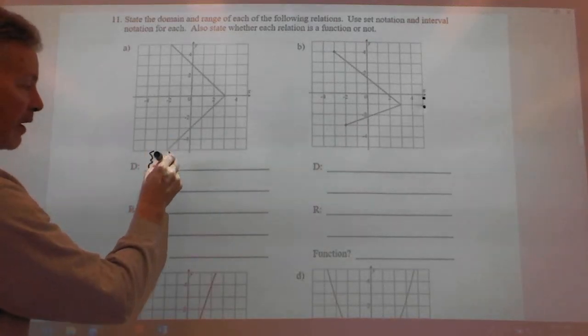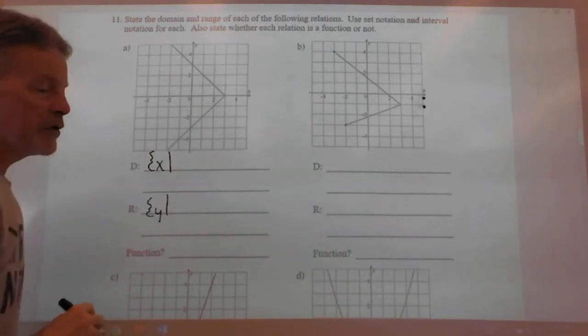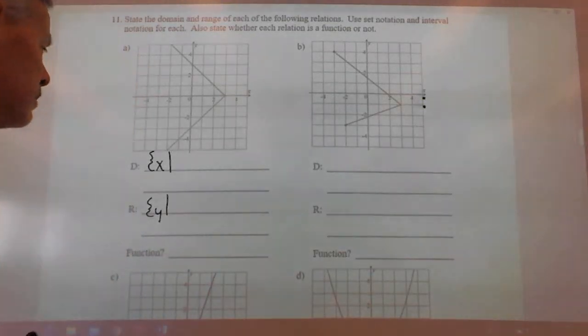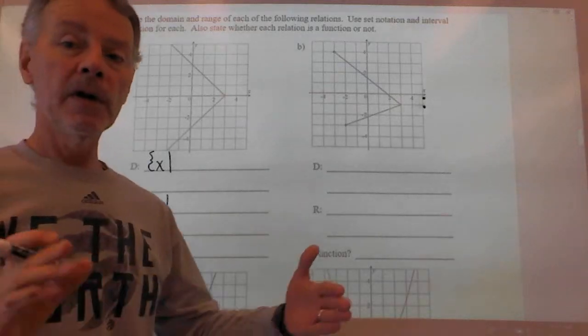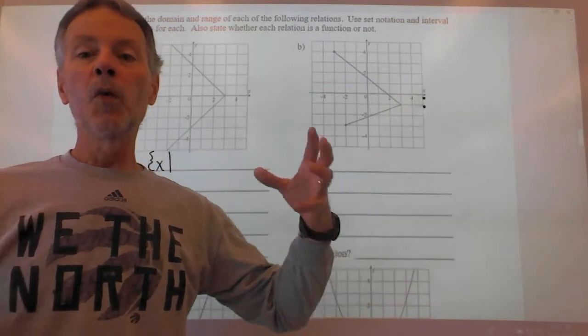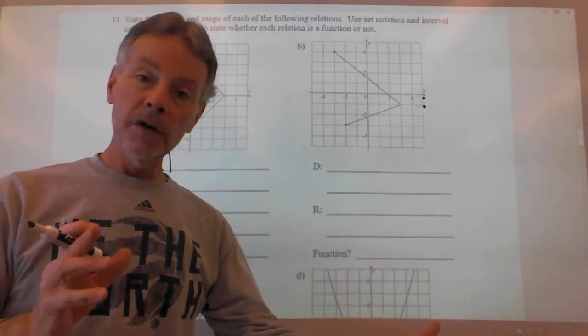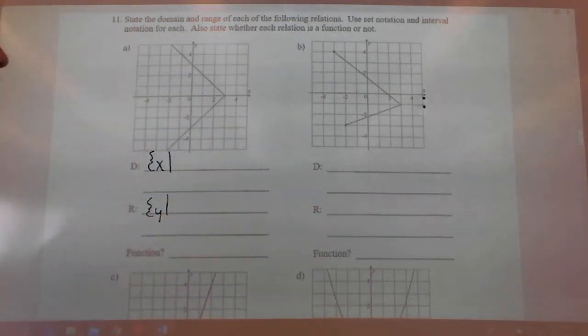It always has a vertical line, which means such that. And then you have to say something about which x values are included or which y values are included.